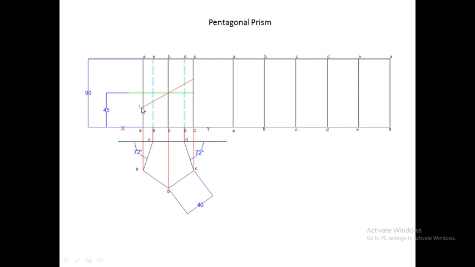So first point lying on A, second point lying on E, third point lying on B, fourth point lying on D and fifth point lying on C. So there are 5 points of intersection where the section plane cuts the vertical edges of the prism, and the section plane was inclined at 30 degree.